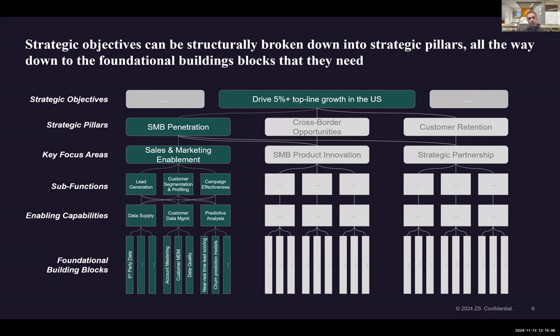So one of the objectives for this client was, hey, we need to drive 5+% top line growth in the US, right? And the levers that were responsible for driving that would include small and medium business penetration. So that was a customer segment that they wanted to go after. They were also looking at some of the cross-border opportunities, right? So US to Canada, for example. They were looking at customer retention as a potential lever to drive this top line growth.